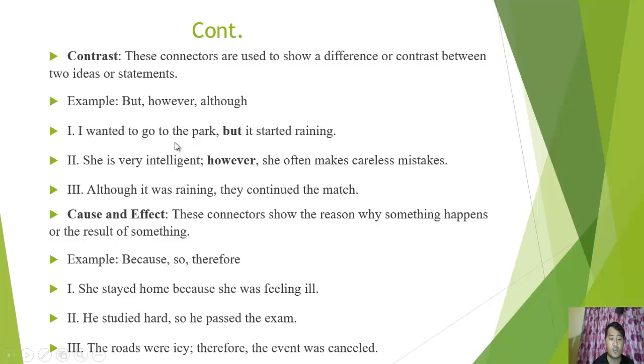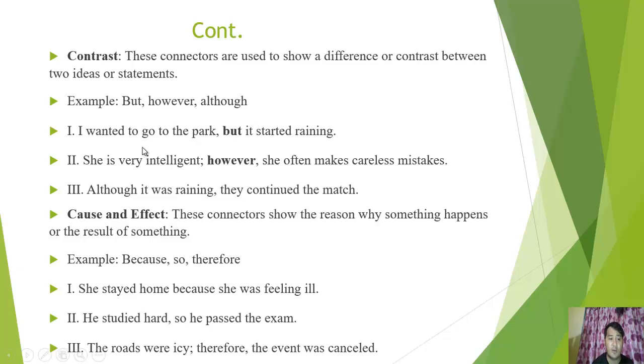I wanted to go to the park, but it started raining. See, these are two contrast ideas. He wanted to go to the park, but what happened? It started raining, and without this part, the sentence won't be pleasing, or it will be really complex without this part, right?